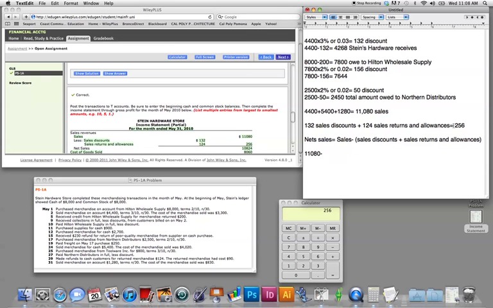So that combined total is 256. So $11,080 minus 256 equals $10,824. So that is our net sales.